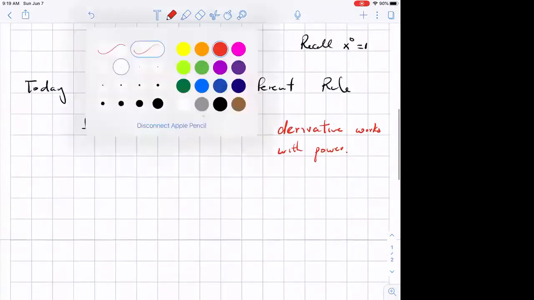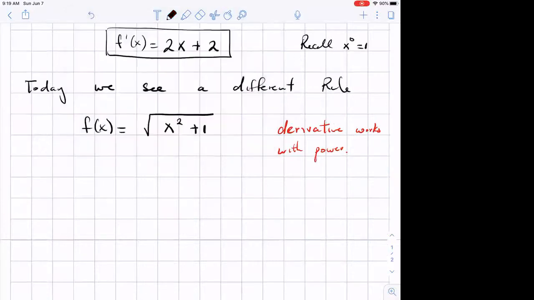So what do I mean by that? It is highly recommended that when you're given something that's not written in power form, you rewrite it as f of x is equal to x squared plus 1 raised to the 1/2 power. Because square root has the same idea as 1/2 power.